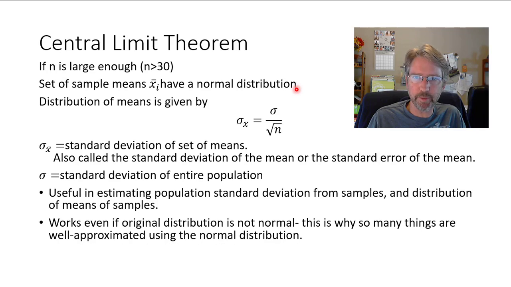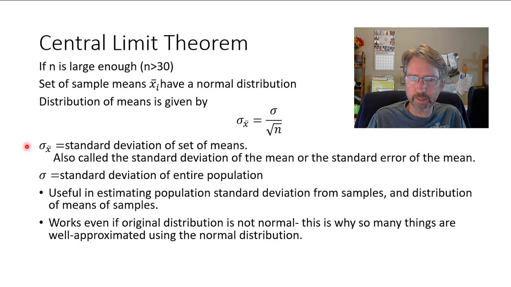So the distribution of the means is a normal Gaussian distribution, and we can find the standard deviation of the distribution of the means, sigma x bar here, and write it in terms of the standard deviation of the population, sigma, divided by the square root of n, where n is the number of samples. Again, it has to be greater than 30. So this is the central limit theorem, its equation.